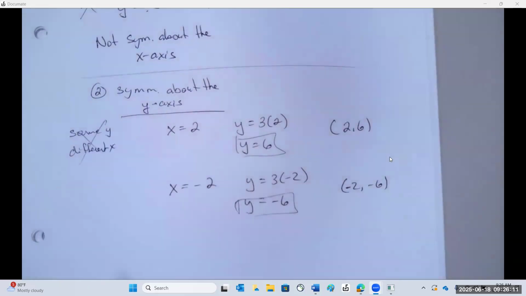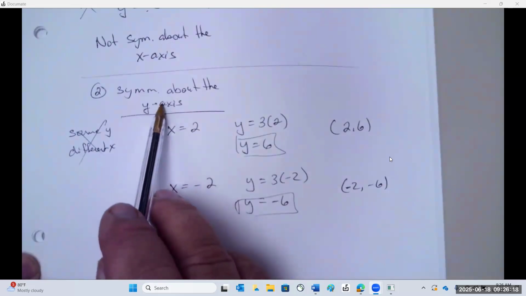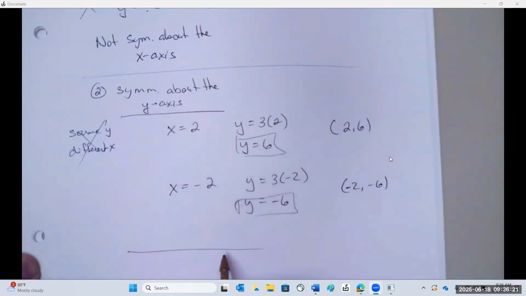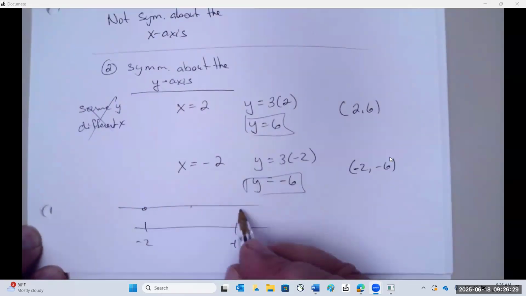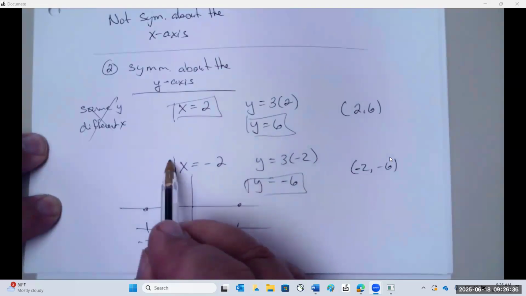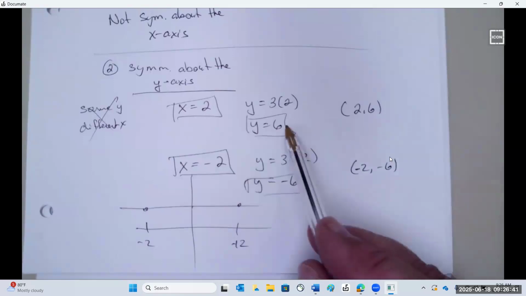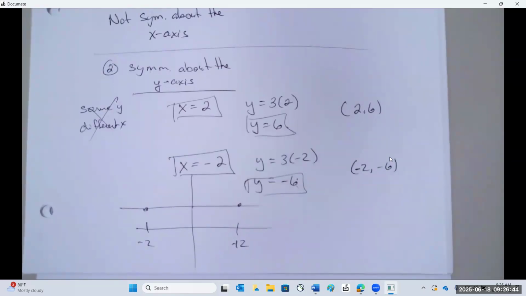So it's not symmetric about the y-axis, because to be symmetric about the y-axis, I have to have two different x's but the same y value. So I have two different x's, I change the signs on them, but the y values are not the same. So it's not symmetric with the y-axis.